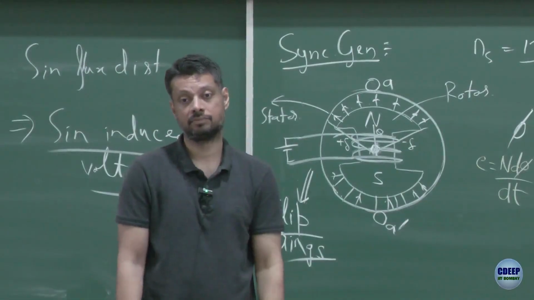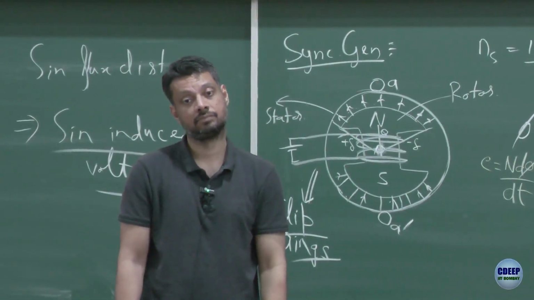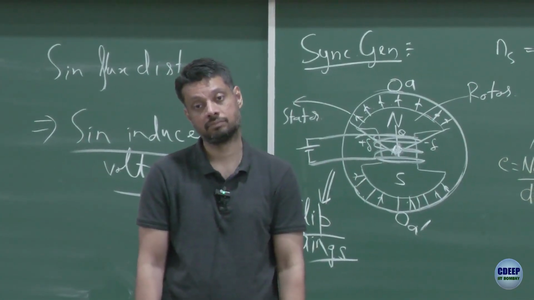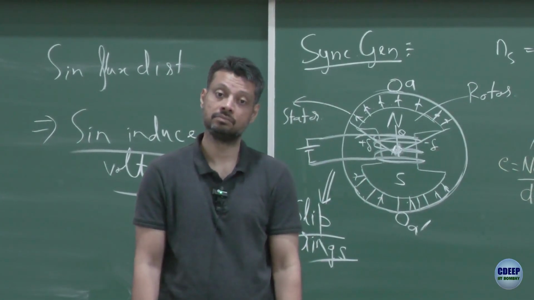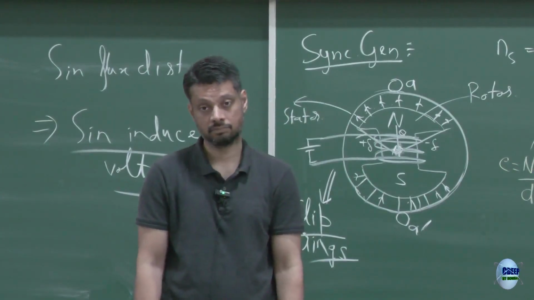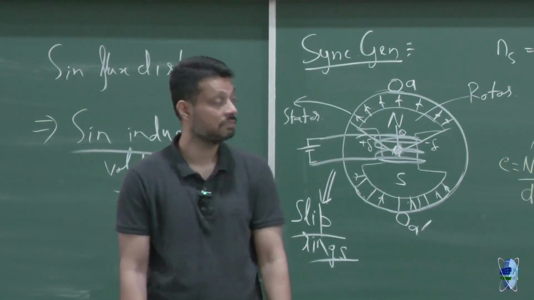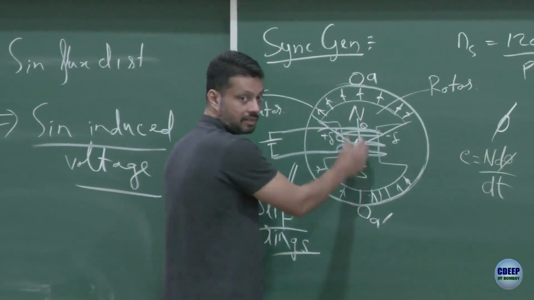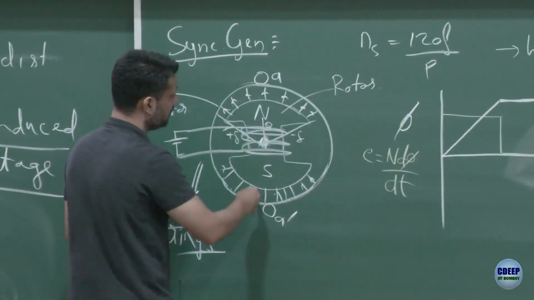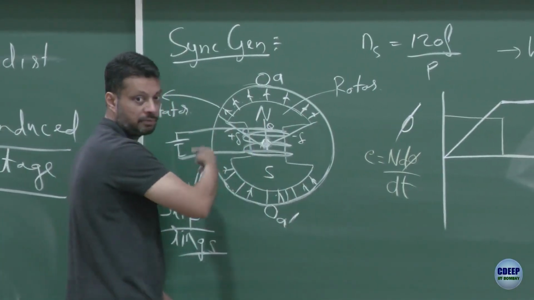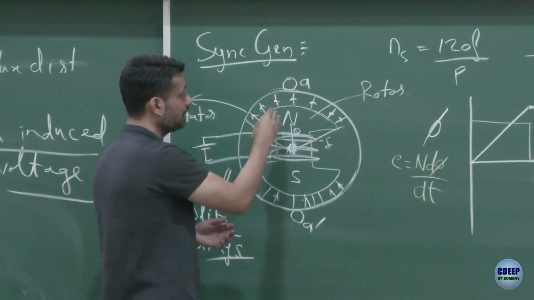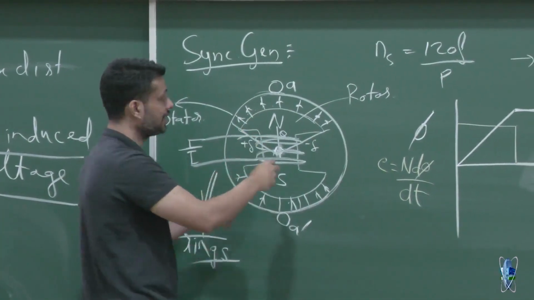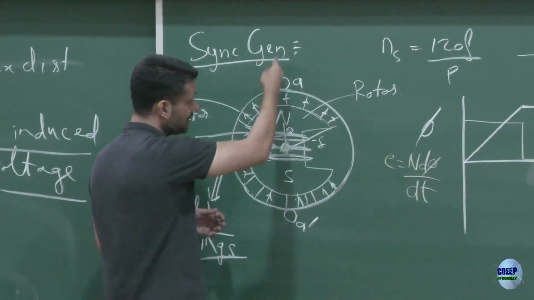If I have 4 lines, let's assume that 2 lines are replaced. If I take a component of that along this line, the component of the new 2 lines does not remain the same, because all those lines are flowing through this. So when you see what flux is crossing from right to left or left to right, it's not the direction of this air gap flux which matters much. It's how much net flux is crossing this line.